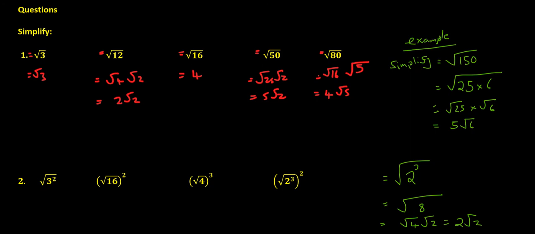Okay, so this just gives 9, which is 3. That gives 4 squared, which is 16. That gives 2 to the 3, which is 2 times 2 times 2, which is 8.